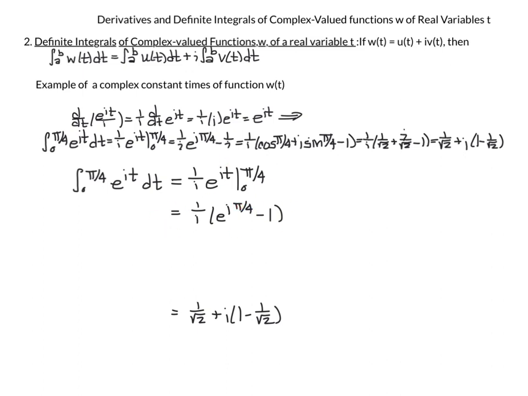I would actually stop here, but if for some reason you need to show it is equal to this value here, or if you just happen to see that, you can then apply Euler's identity to this e to the i pi over 4, and you would get 1 over i times cosine of pi over 4 plus i sine pi over 4, minus this 1. And then you would evaluate your sines and cosines algebraically until you get 1 over square root of 2 plus i times (1 minus square root of 2).